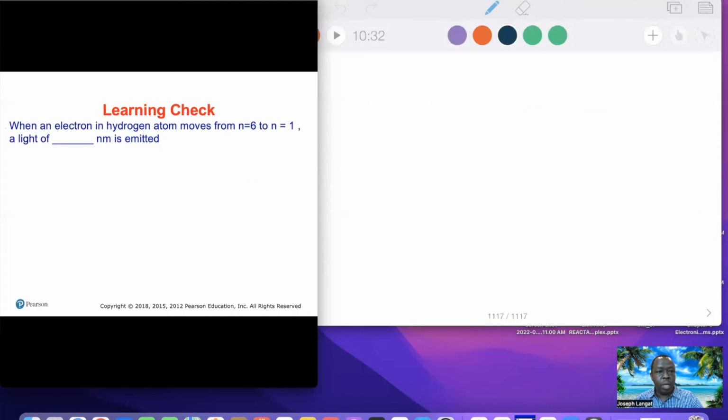So let's see. From the Rydberg equation, 1 over lambda equals RH times 1 over n1 square minus 1 over n2 square.